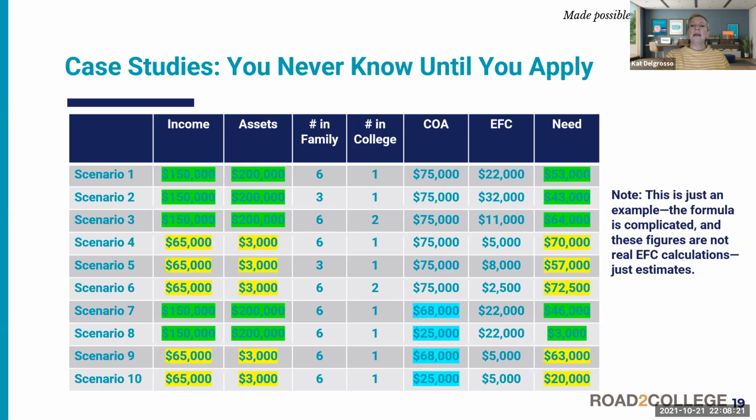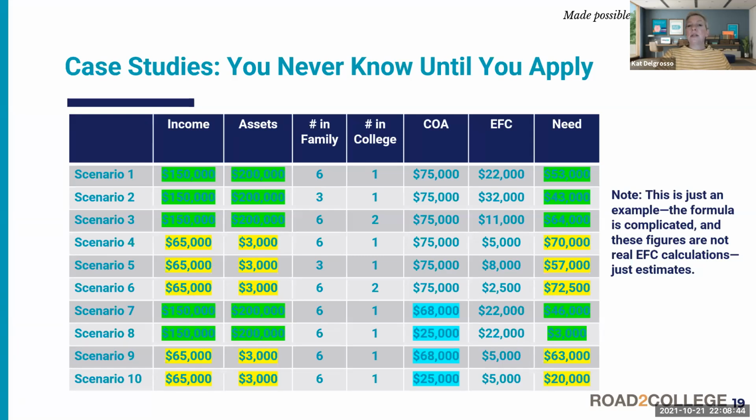So all colleges who use the CSS profile have a base formula that's used, and then all colleges have the ability to tweak how the formula will take into account certain things or not. So they can use the base formula and that's fine.